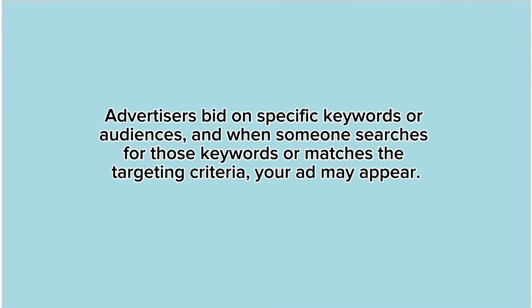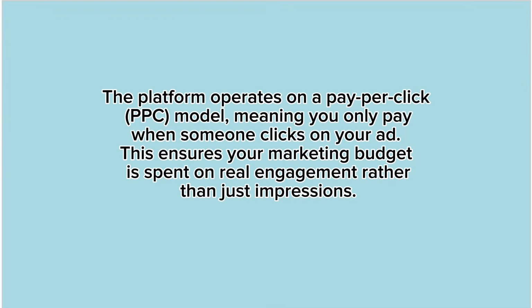Advertisers bid on specific keywords or audiences, and when someone searches for those keywords or matches the targeting criteria, your ad may appear. The platform operates on a pay-per-click (PPC) model, meaning you only pay when someone clicks on your ad. This ensures your marketing budget is spent on real engagement rather than just impressions.